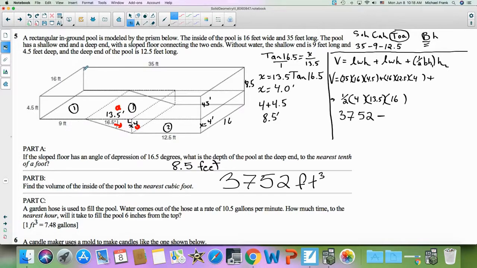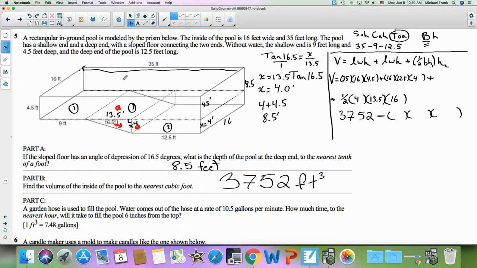But since the pool is only going to come up to, up here, we need to subtract that height of half a foot, right? That's what it said, 6 inches, which is 0.5 of a foot. So it's going to have a little 0.5 here. All right, that's not that hard. So we're going to basically subtract out a rectangular prism of air on the top.